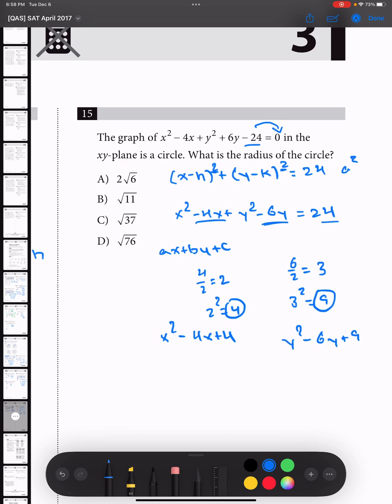Now what I'm going to do is add the c values to the whole number here, because that is going to give us our radius. So 24 plus 9 plus 4 is equal to 4 plus 9, 13 plus 4, 17. So 37. Obviously, we can't find the square root of 37 exactly, so we're just going to leave it as the square root of 37, which means C is our answer.